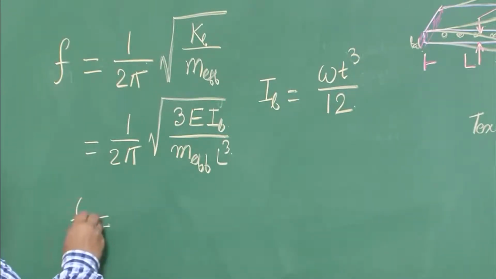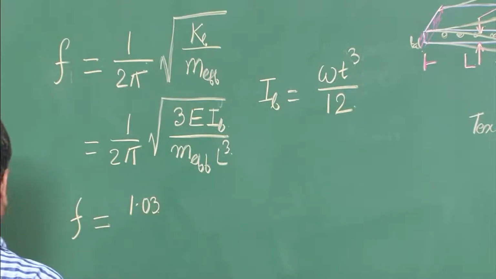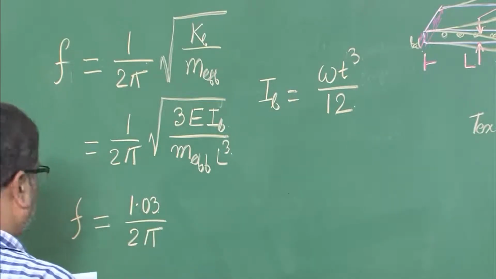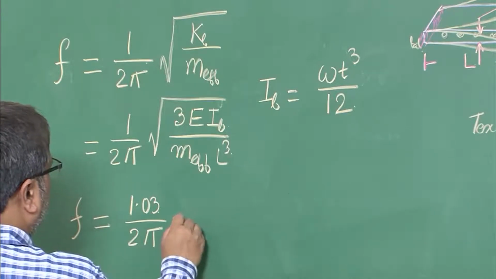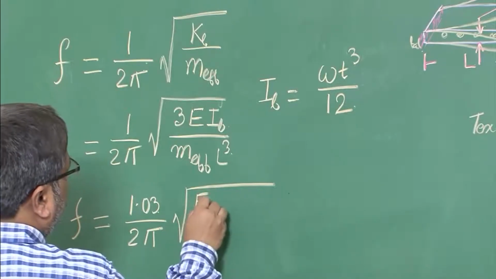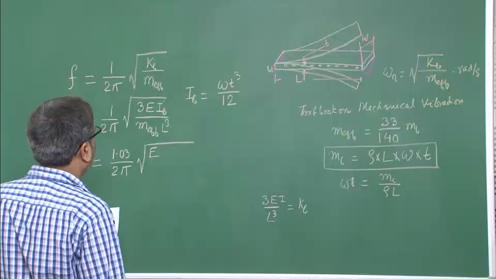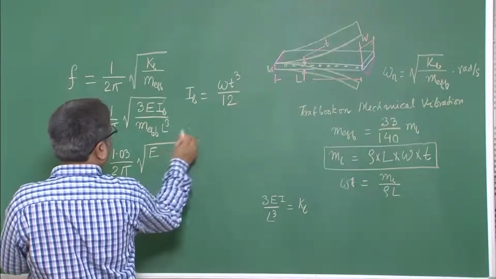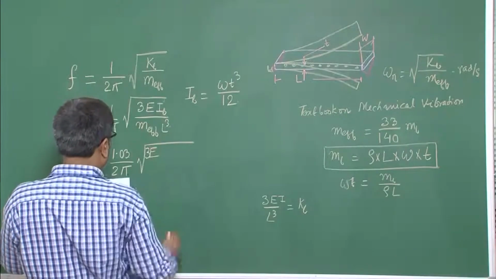So F will be 1.03 divided by 2 pi, that is the 3 square root, we have kept it out. And then what is it that we have inside? Let us try to keep all the parameters here, E, and then from I we are getting 3E, that is our 3E term.